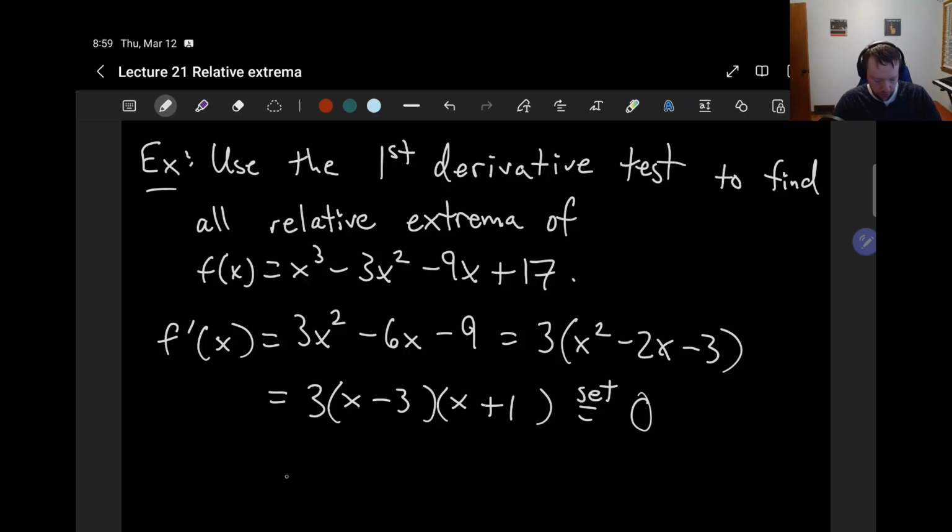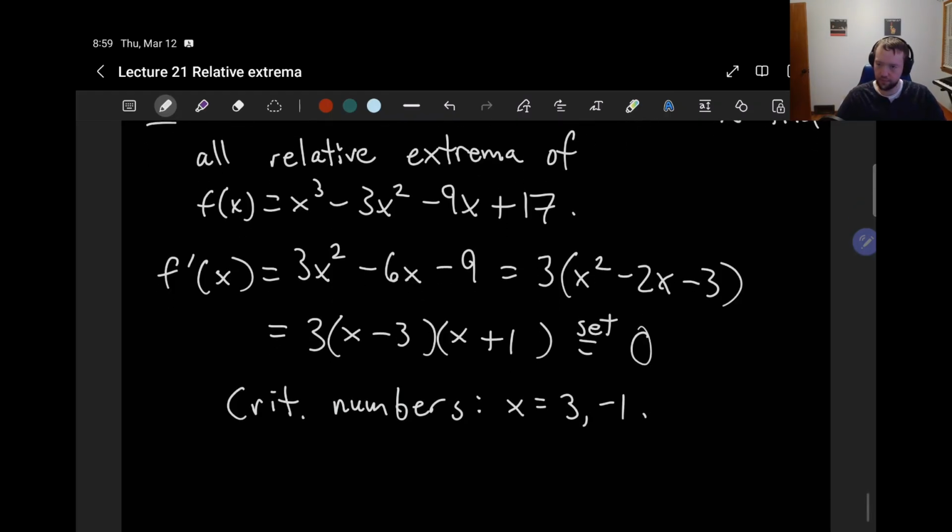And we see that the critical numbers, that's just the x values, are when x is 3 and negative 1. So these are the critical numbers which have the potential to be relative maximums or minimums.